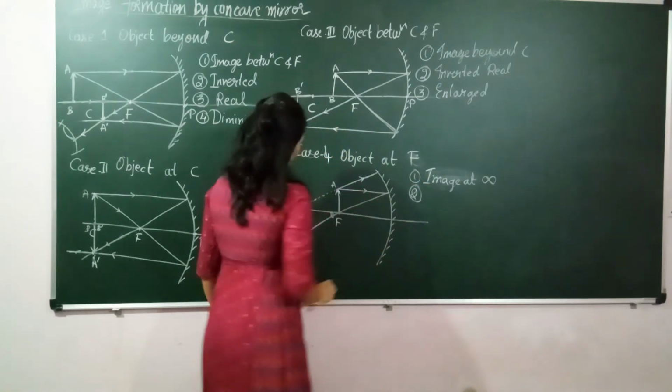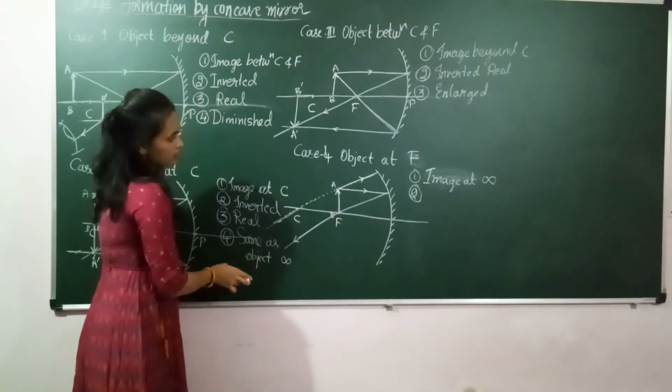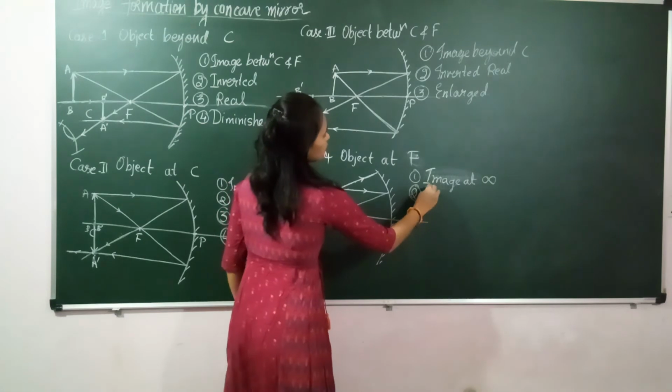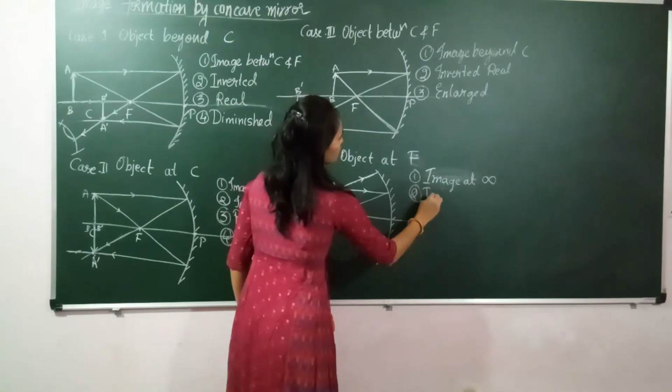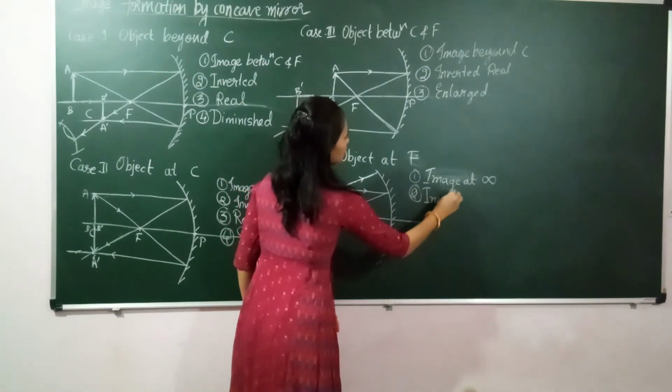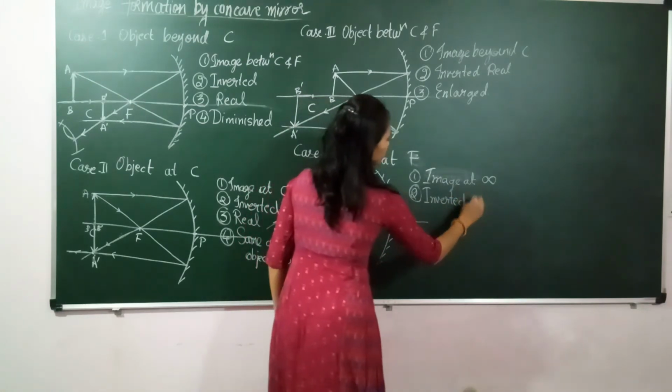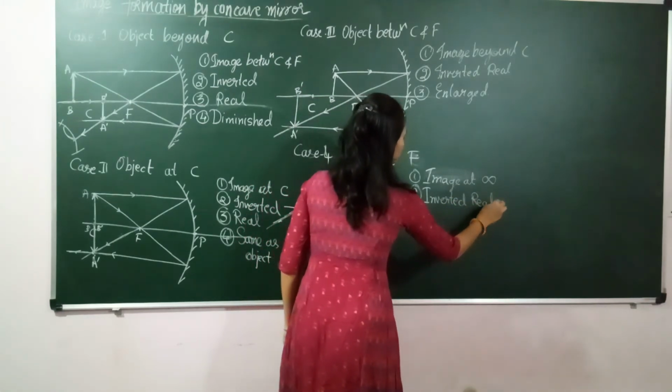Second, somewhere these two rays will meet, so this will form an inverted image, so we'll write it as inverted and real. Inverted images are always real.